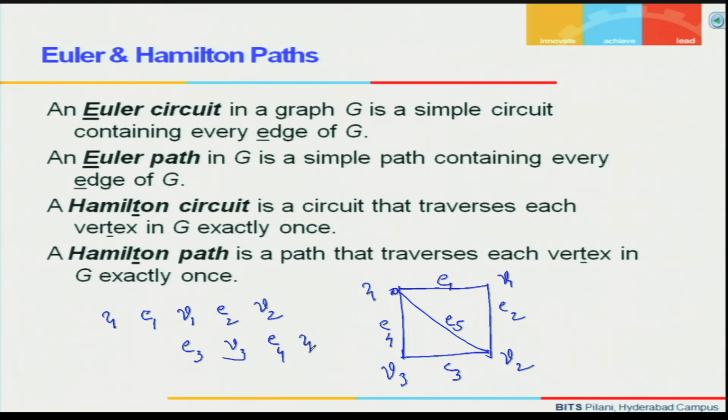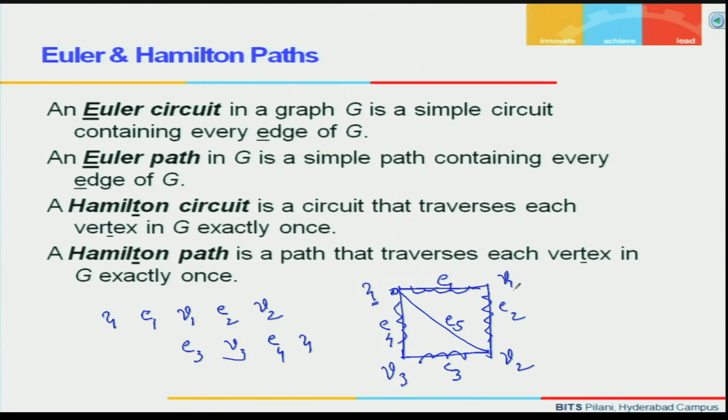First of all, is this a circuit or not? Yes, it is very much a circuit. I am traversing like this, and finally I have reached where I started. So this is very much a circuit, and for it to be a Hamiltonian circuit, all the vertices should be covered exactly once.